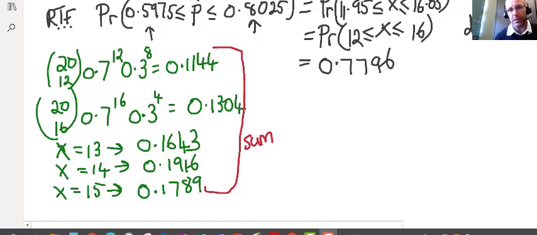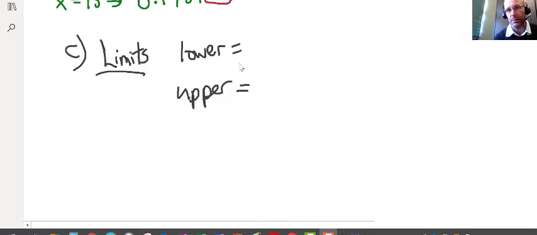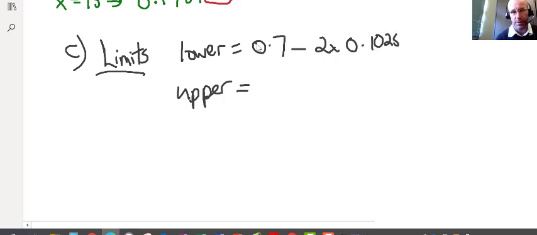My pen is lagging. Final part. Find the probability that the sample proportion lies within 2 standard deviations of the population proportion. Now, I said I was going to do this one tech active. Alright, so we need the lower and upper limit. Now it's 2 standard deviations, so we're going to take off 2 times the standard deviation, which was 0.1025, you might remember.